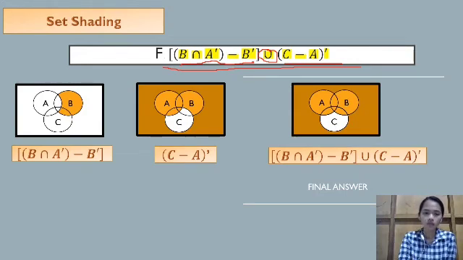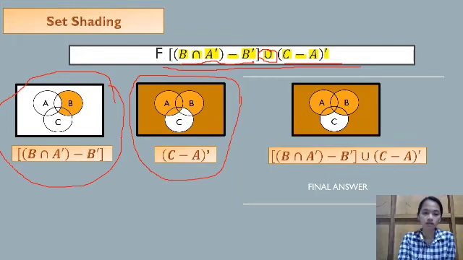The final answer for B intersection of A prime minus B prime is this, and C minus A prime is this.